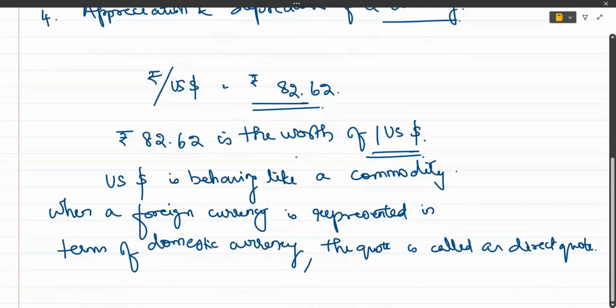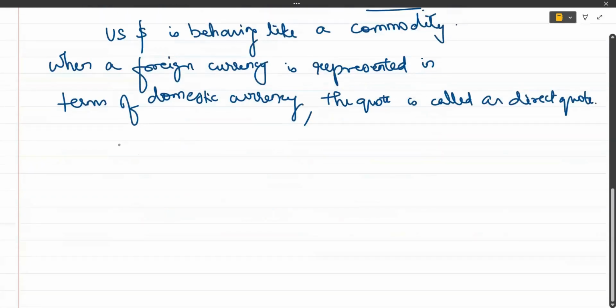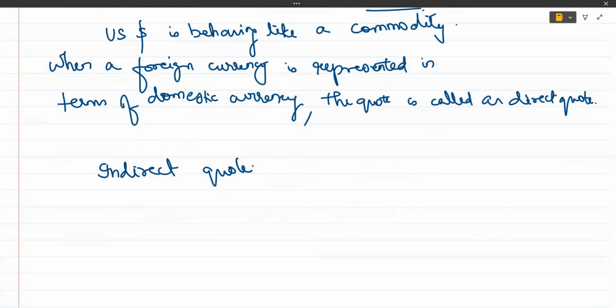Immediately one question may come up in your mind: then what is the indirect quote? Indirect quote is nothing but dollar per rupee.